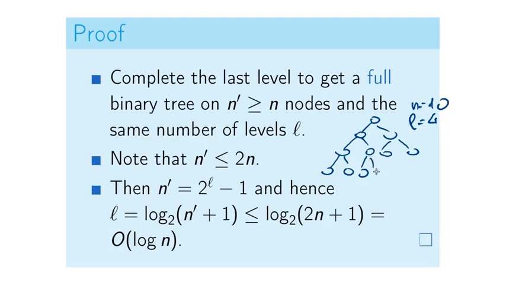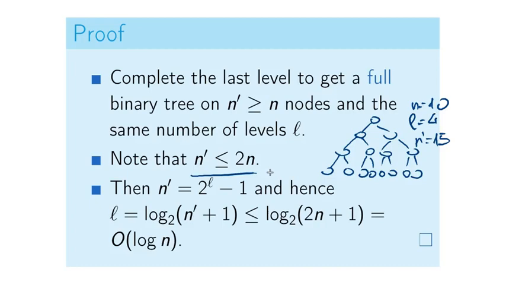Let's complete the last level, and let's denote the resulting number of nodes by n prime. In this case, in particular, the number of nodes in the new tree is equal to 15. Well, the first thing to note is that n prime is at most 2n.